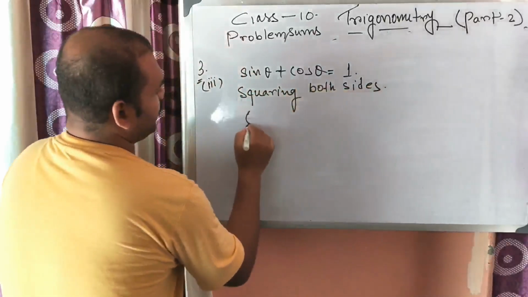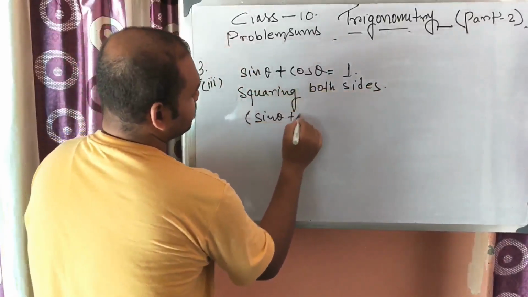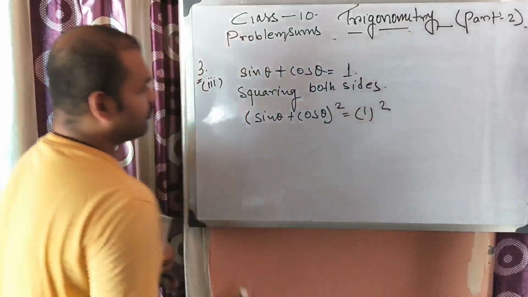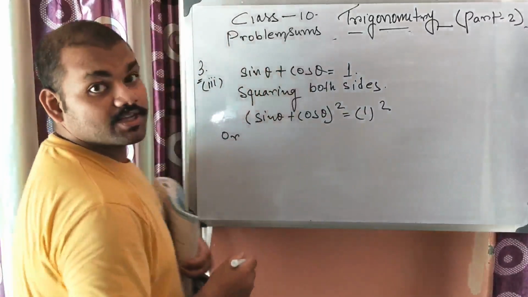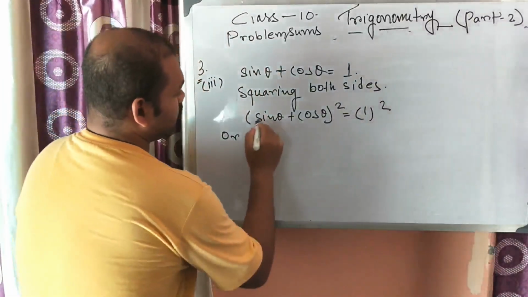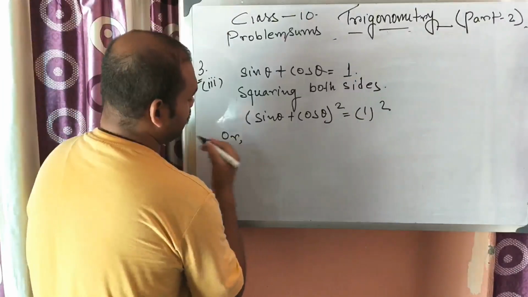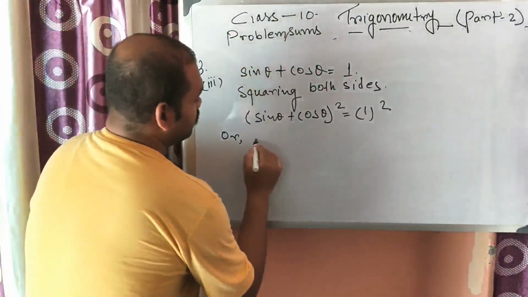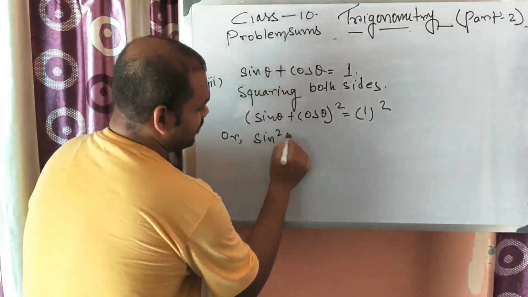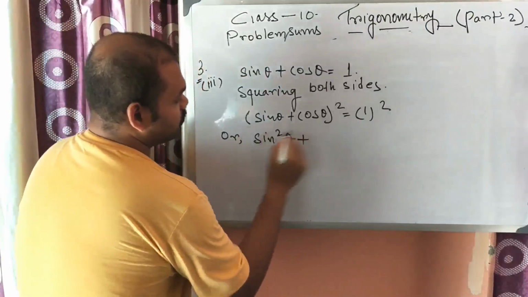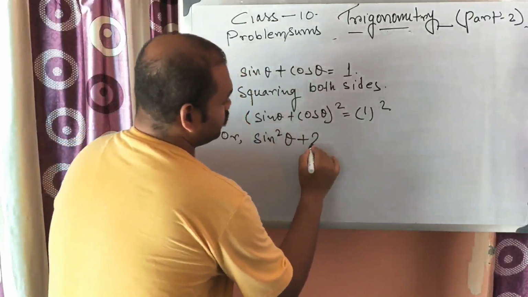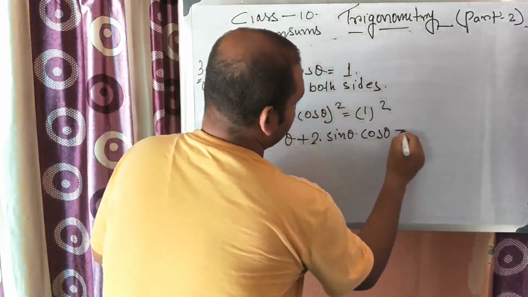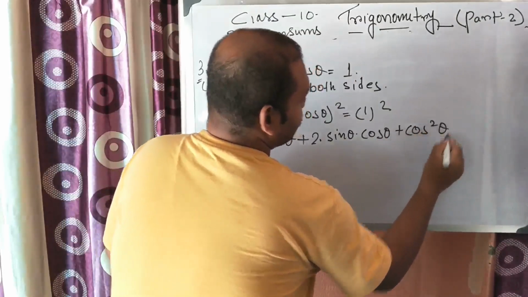Squaring, sin theta plus cos theta whole square is equals to 1 square. What is the value of 1 square? 1. So you can write down, what is the formula? Okay, very good. So sin square theta plus 2 sin theta cos theta plus cos square theta.